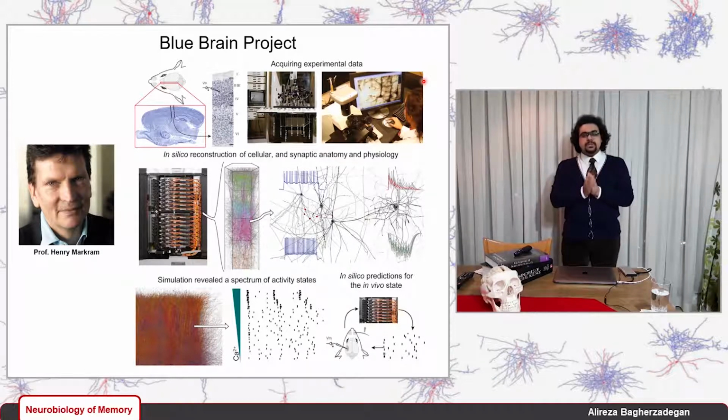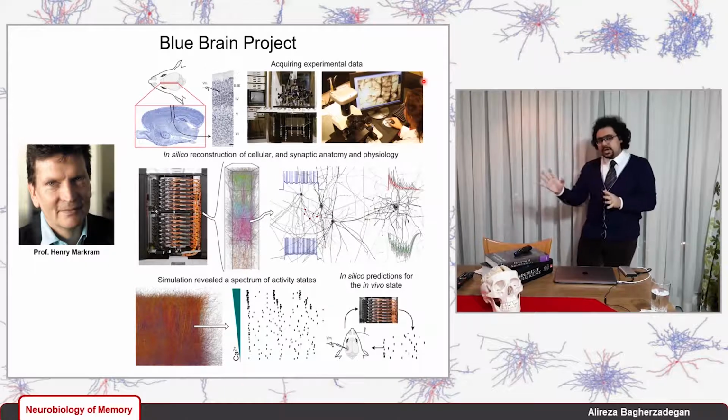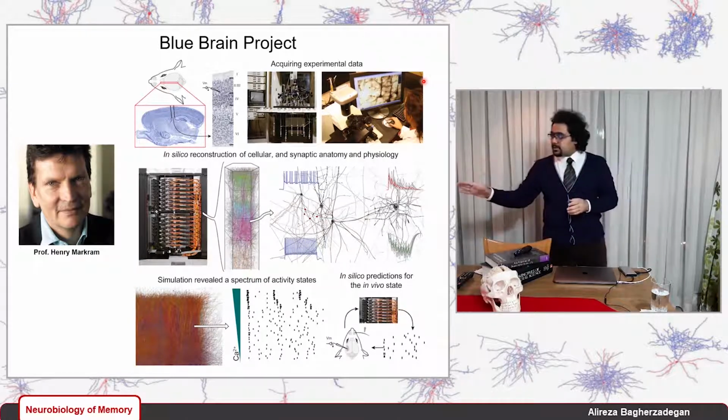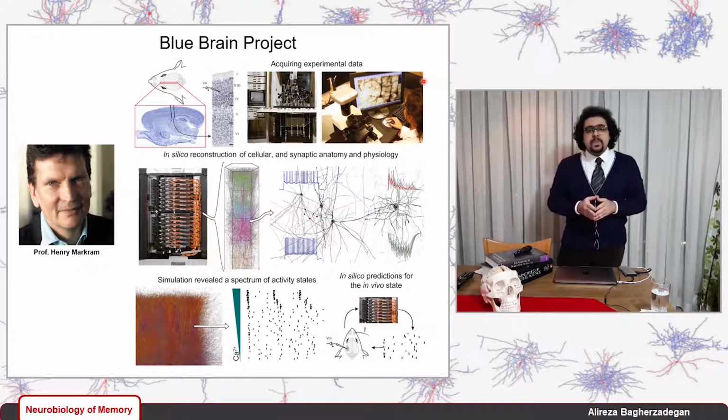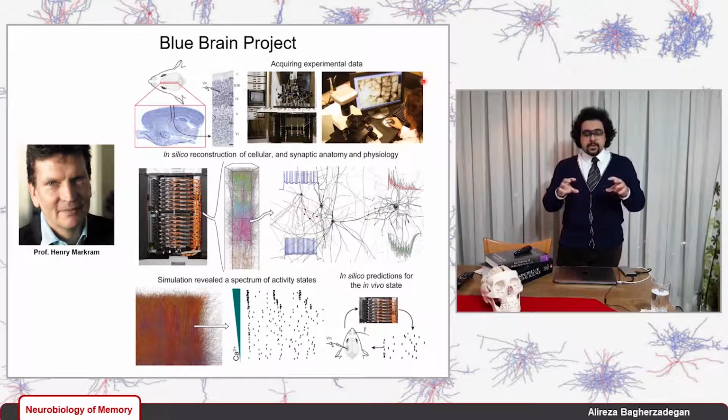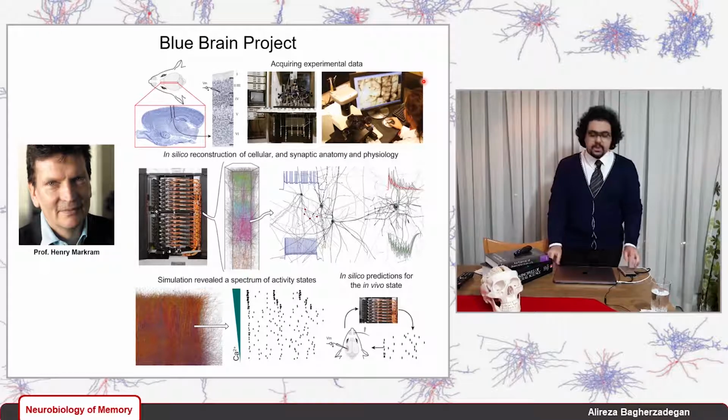It means to distinguish different cell types. And neuroscientists, like Professor Henry Markram and his team, use three properties of neurons to distinguish them and put them into different categories or different cell types.